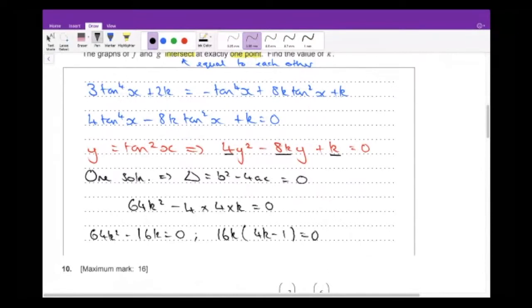So either k equals 0 to make the outside 0, or k equals 1 over 4. And because we're told that k is between 0 and 1, it's just this answer.